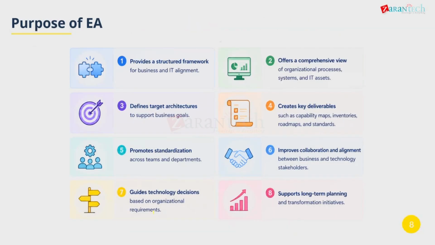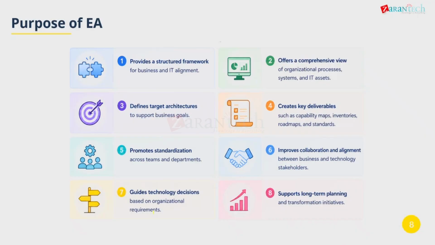Okay. Now comes the next slide, which is the purpose of EA. Okay. So why should we have EA? Why do we have EA? So you can just quickly have a look. Okay, so EA provides a structured framework for business and IT alignment.